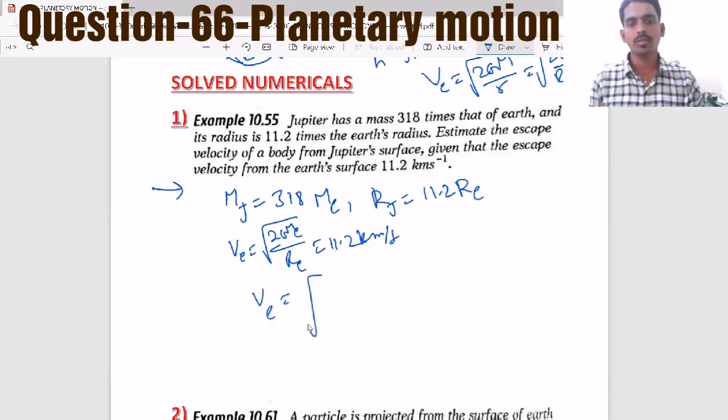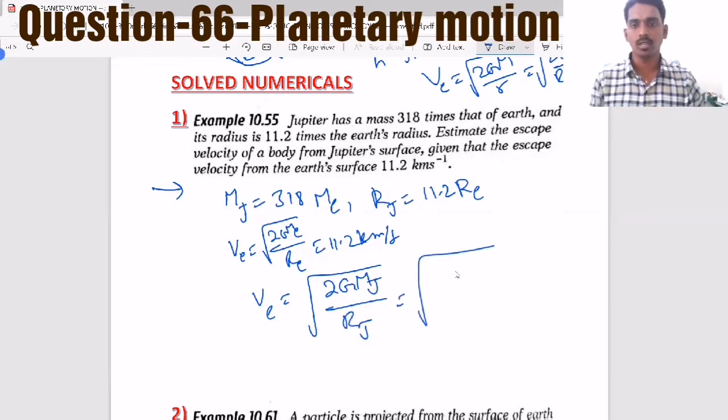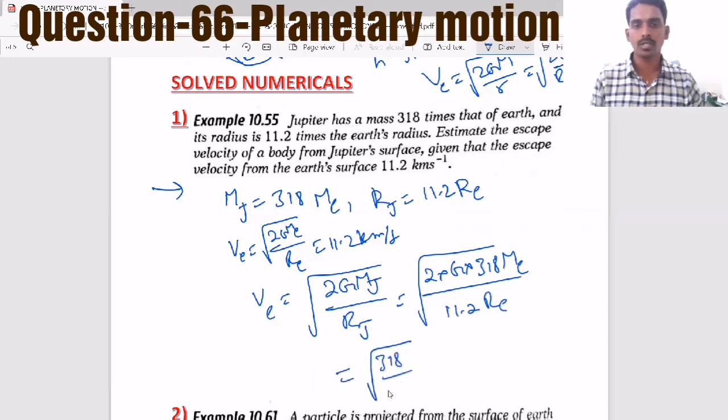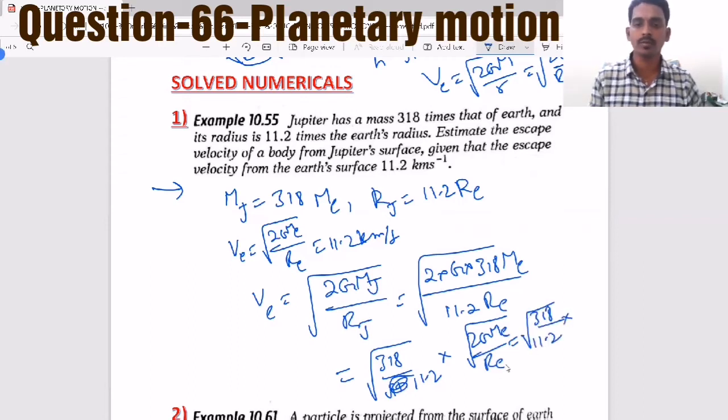Now escape velocity from the surface of Jupiter means 2G mass of Jupiter by radius of Jupiter, equal to 2 into G into 318 mass of Earth by 11.2 radius of Earth. So that is root of 318 by 11.2 times root of GM_e by R_e.